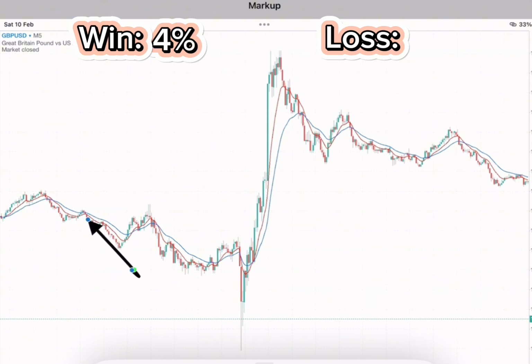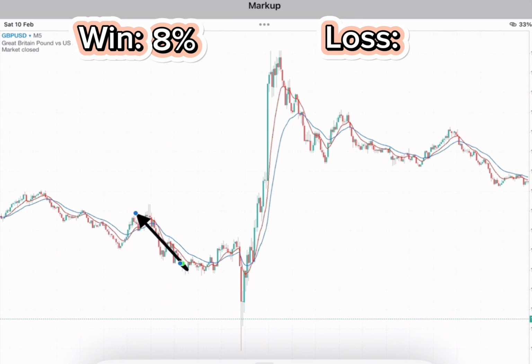Just like this red candle right here. The moment the red candle closed below the moving average, you go short, putting your stop loss above this high, and then you target a 1 to 2 again. So this also gave us another opportunity. After the close of this red candle, you sell to the downside. So these trades have given us plus 8%.